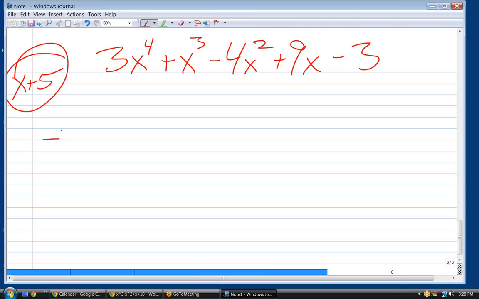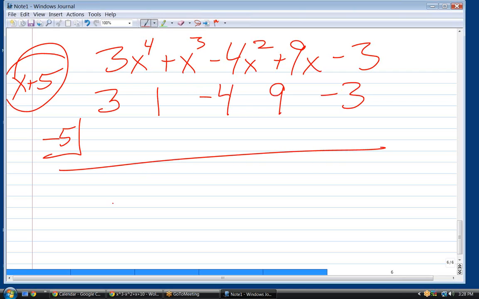And if that is a solution, then this will yield a 0 as the last number. Okay, do it for me. 3, 15. Minus 15? Oh, minus 15, yeah. And then 14. Minus 14? Yeah. You need the sign.